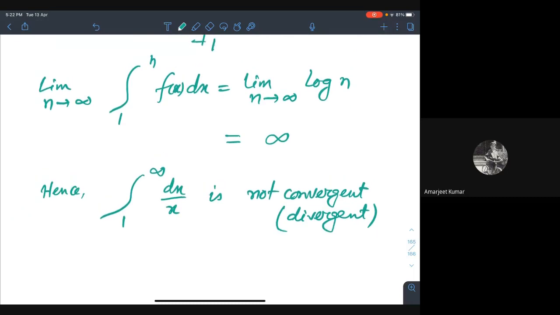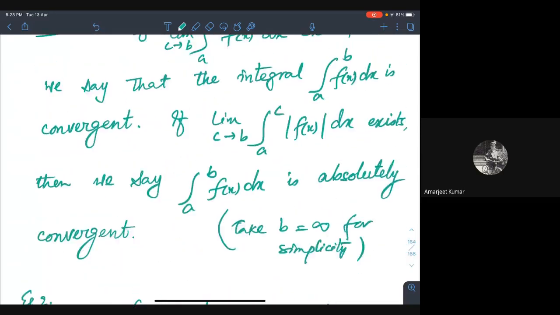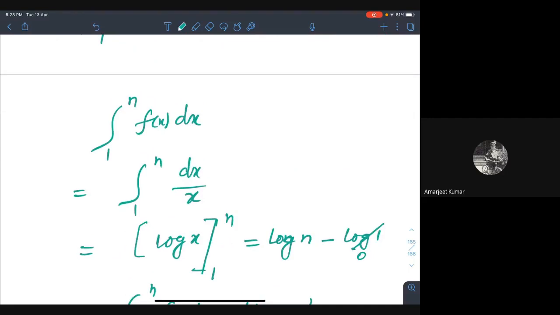All right. So hence it is not absolutely convergent either, because mod x is equal to x in this range, right? Look at the graph of 1 over x. It doesn't go very near to zero here.